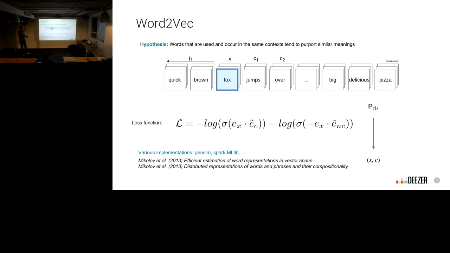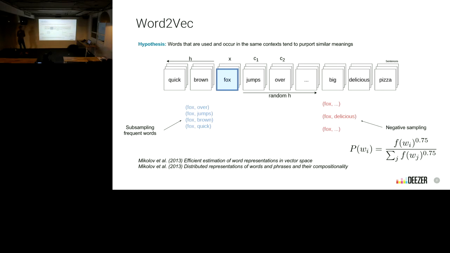And the second term tells us that the embedding of the word fox and the contextual embedding of a word that doesn't appear in the context of fox should be pulled apart. And that's how the model is trained to create word embeddings.